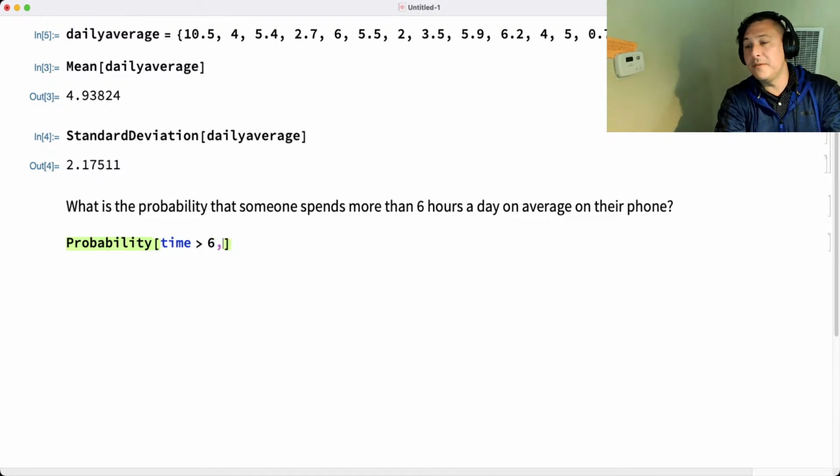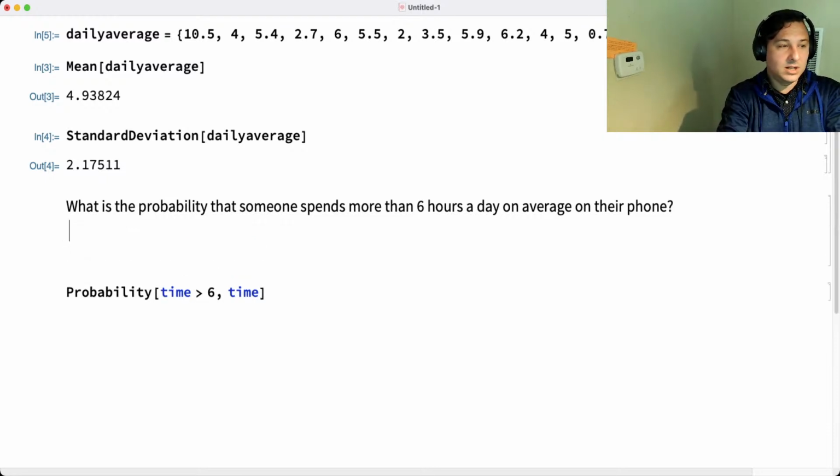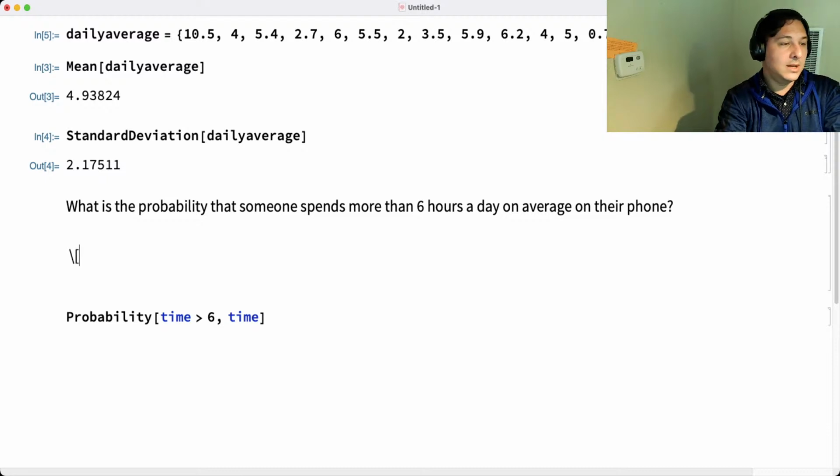Now you have to tell Wolfram what sort of distribution time follows. Now, time follows a normal distribution. So the way you put that little distributed symbol to tell it what the distribution is, you're going to put a backslash, bracket, distributed. And it just turns into it automatically.